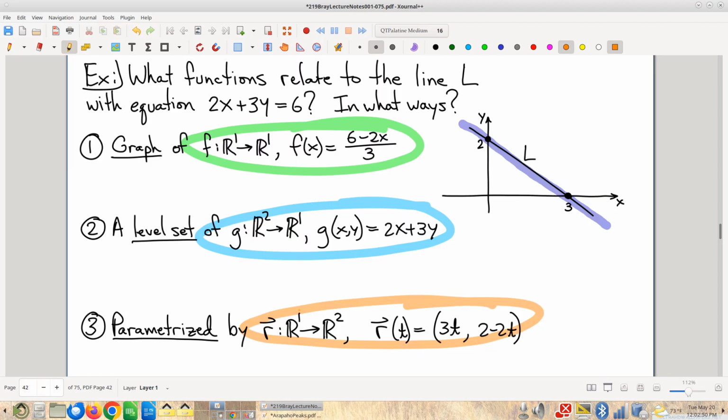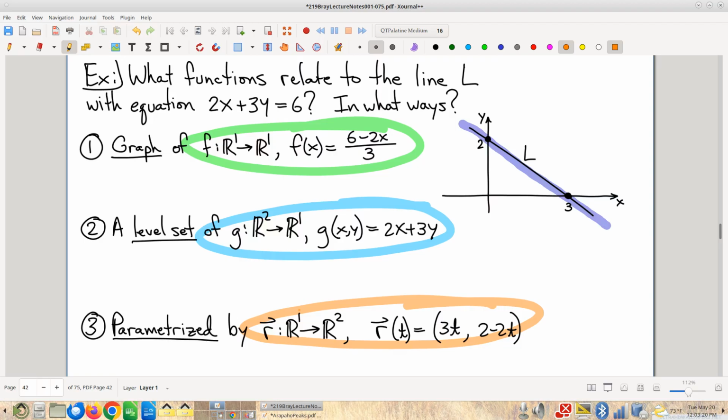All different functions. So let's just take a moment to appreciate how different these functions are. Not only do they have different formulas, totally different formulas, they have different domains and targets. They're not only different functions, they're different types of functions. This one's R1 to R1. This is R2 to R1. This is R1 to R2. All different.